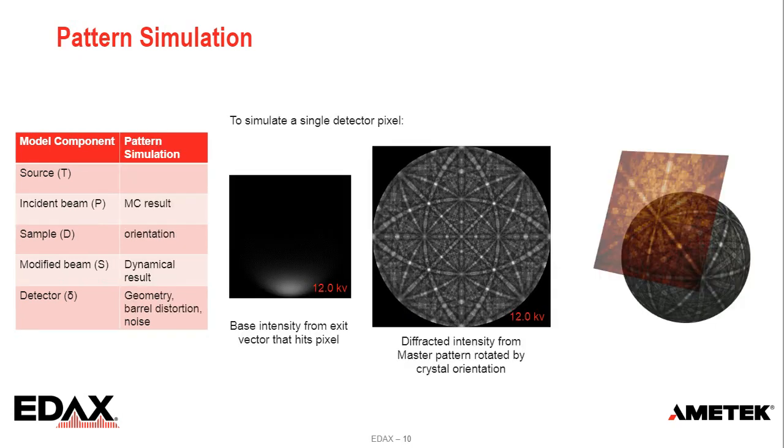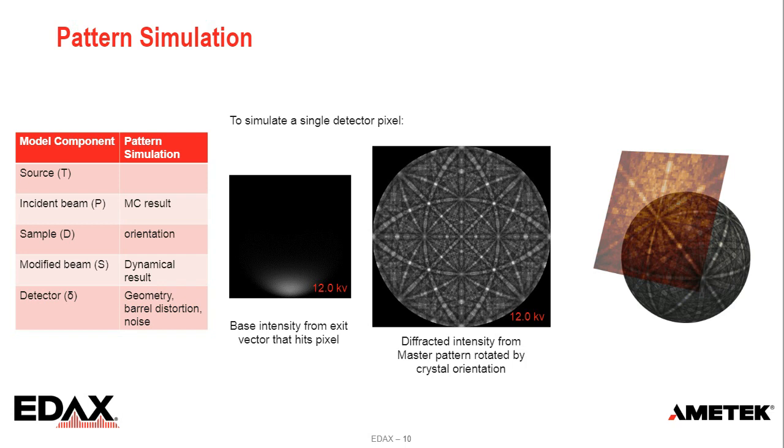And then finally, to simulate a pattern, you have this third, basically geometric model that combines the two. So the general idea is that you have some baseline intensity over the hemisphere from your Monte Carlo simulation, and you also have diffraction intensity from the dynamical simulation, and you're basically going to multiply those two together, with the crystal diffraction pattern rotated by the orientation that you're interested in.